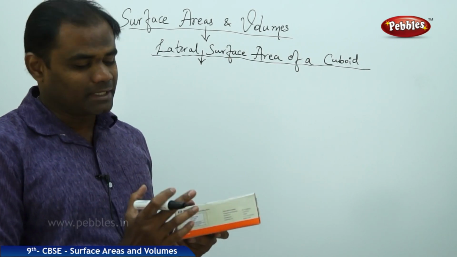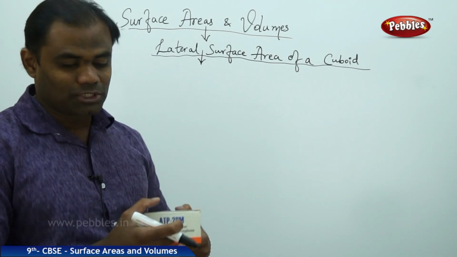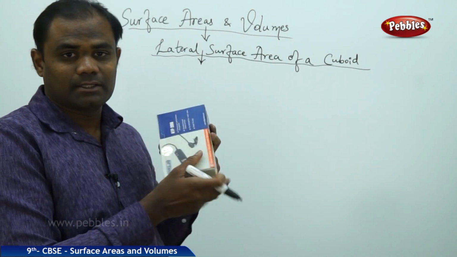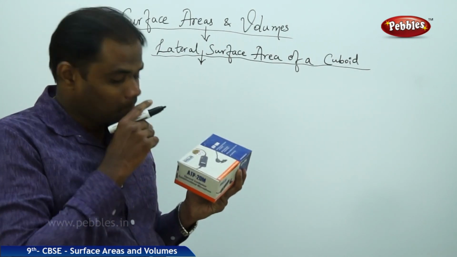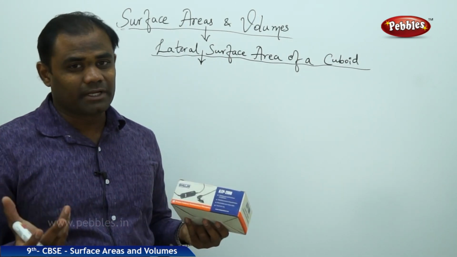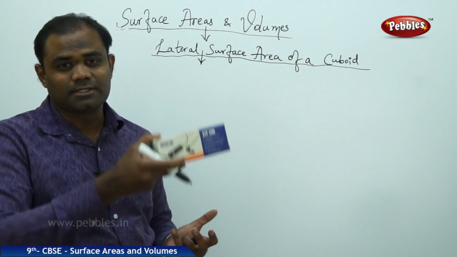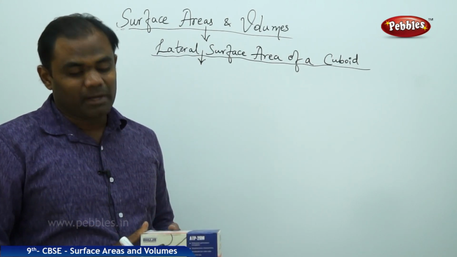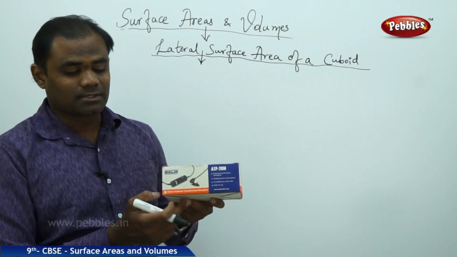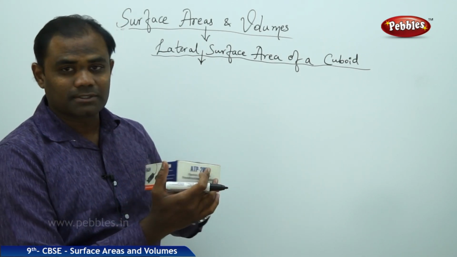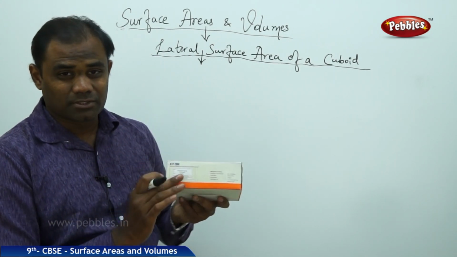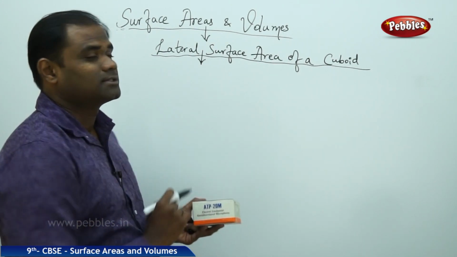Now as we have seen that there are 6 faces, 1, 2, 3, 4, 5 and 6, the top and bottom. So if you add each of the 6 faces, we get the total surface area of this entire cuboid. But if we just exempt the top and the bottom faces and we go laterally along the side, straight line along the side, then such an area is called lateral surface area.